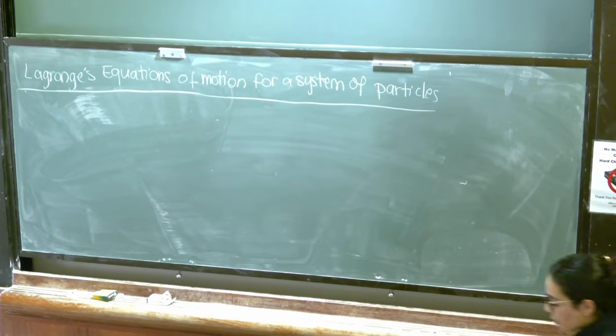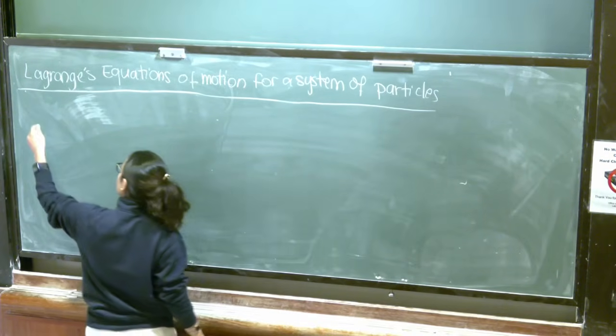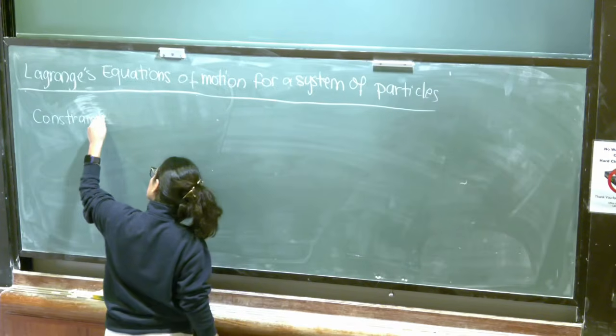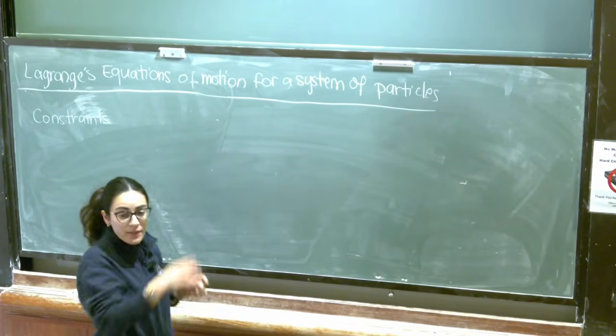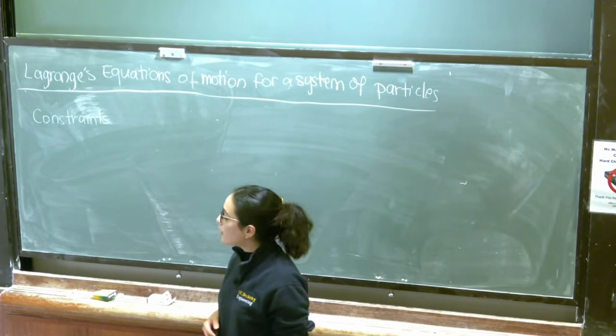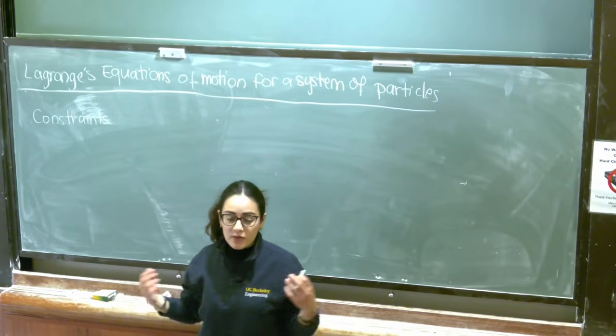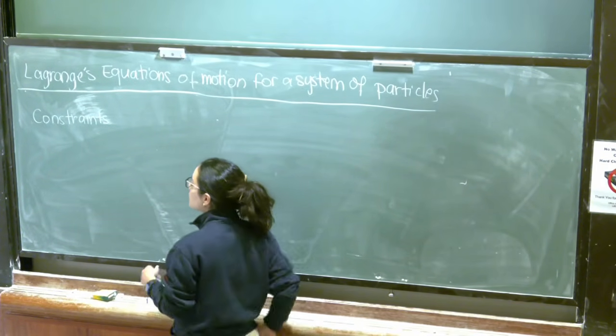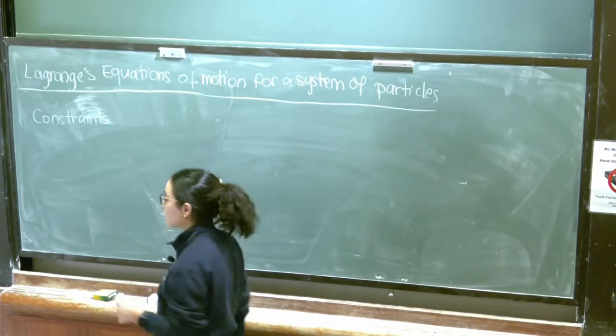First, let's talk about constraints. There are many categorizations of constraints: constraints that depend on time, constraints that do not. The differentiation I want to make here is between holonomic and non-holonomic constraints.